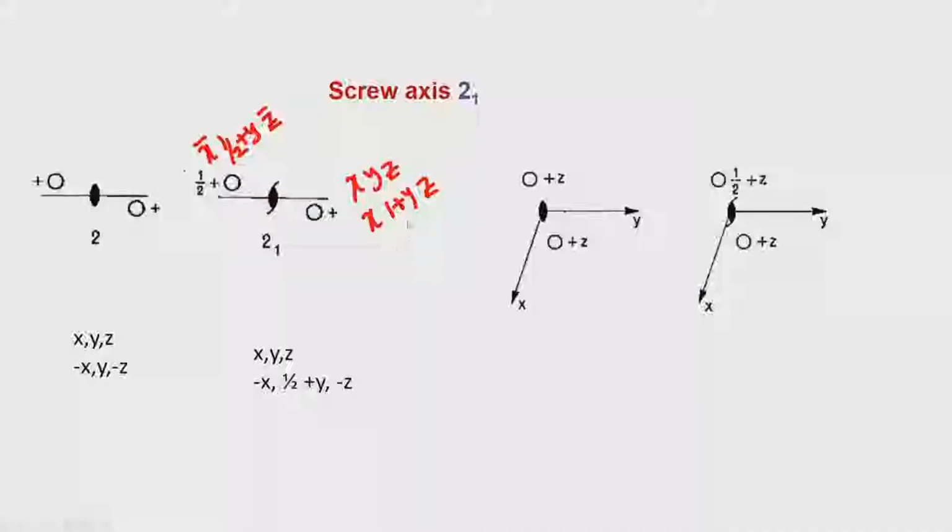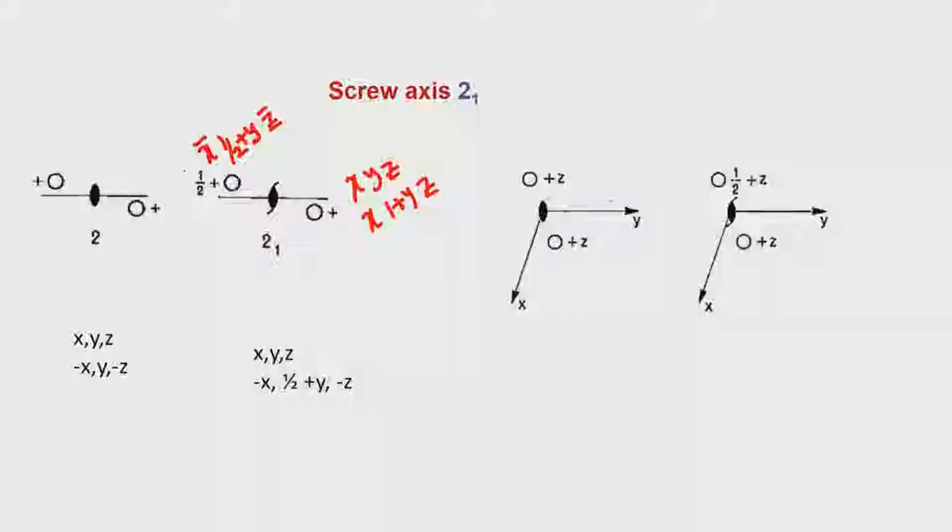So this one unit translation gets tolerated, and you have equivalent points x, y, z and x bar, half plus y, z bar, which will define a new symmetry 2_1. This symmetry 2_1 does not exist in general; it exists only if you have a crystalline system possessing a two-fold axis. So translational periodicity will generate a half translation component if you have this 2_1 axis.